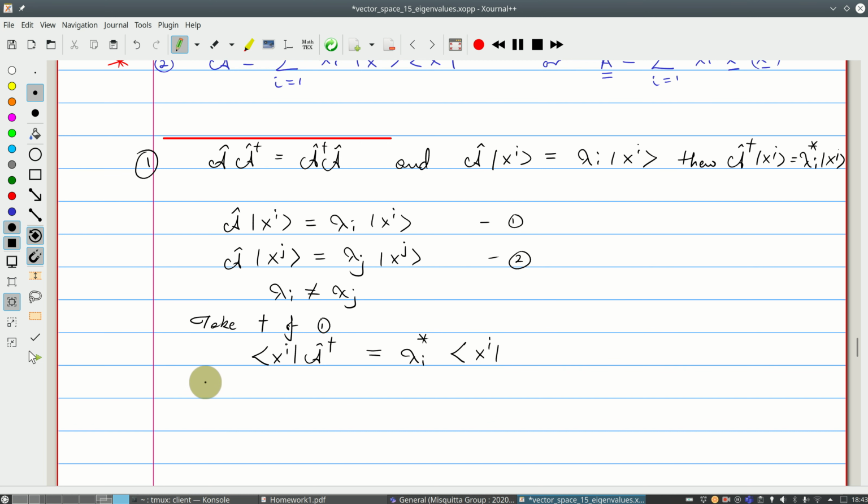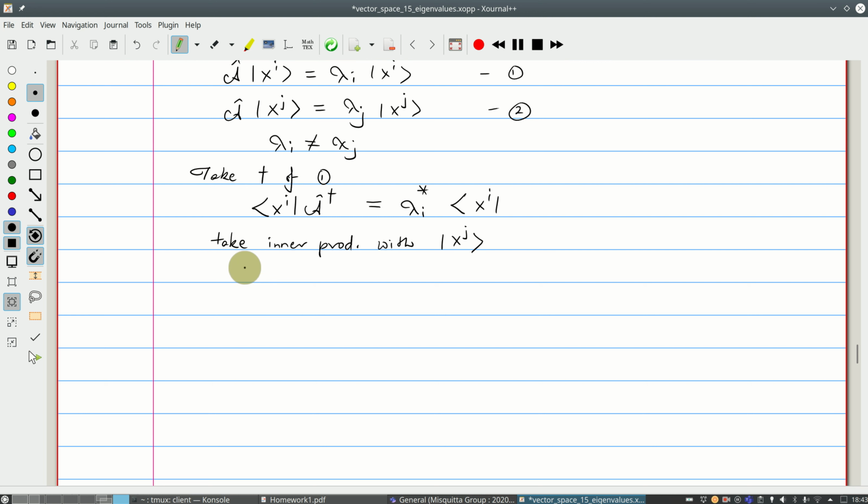And then we do the obvious, we take the inner product with the ket xj. So this gives us xi A dagger xj is equal to lambda I star xi xj.